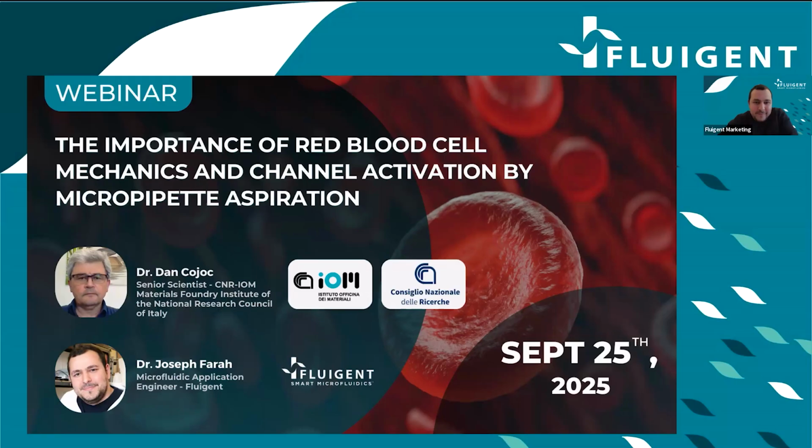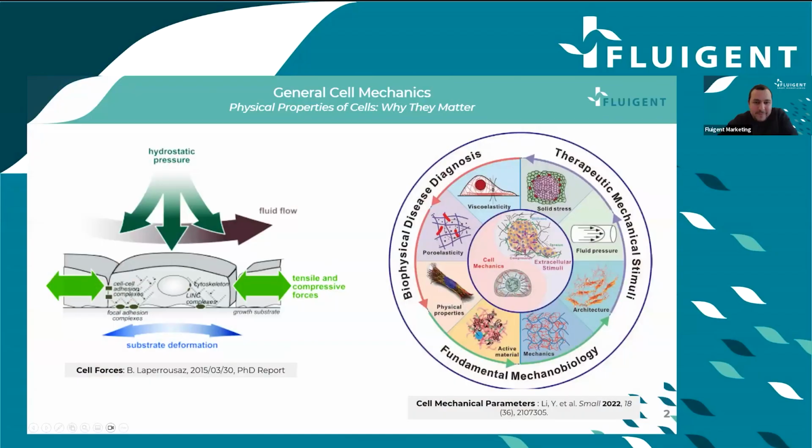Before we dive into the technique, let's first understand why cell mechanics is fundamental for studying how cells respond to force and maintain their functions. So, cell mechanics, why it matters. Cells constantly experience mechanical force in their environment.